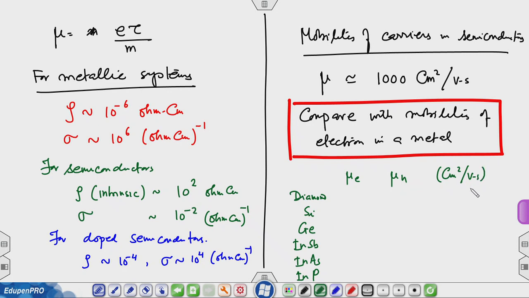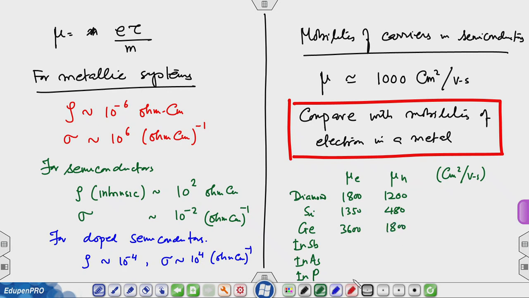Mu electron for diamond is 1800, mu hole is 1200, silicon is 1350 and is 480 for hole. For germanium is 3600, hole is 1800.